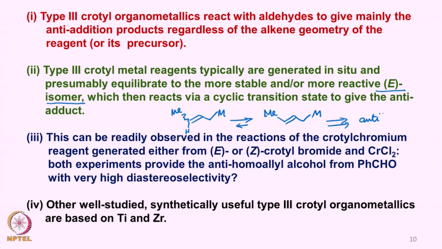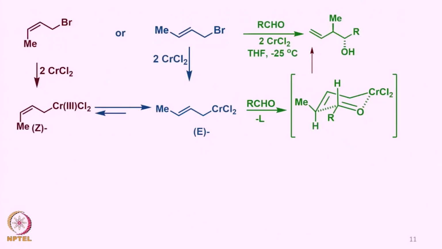And this is possible in cases where titanium, zinc and zirconium based organometallics are used. So you have something like this here, and if we have a mixture of the reagents, and if we have titanium here with whatever R3, or zirconium, then they equilibrate to the E isomer, and that leads to the anti product. So this is how it happens. We can see here, for example, or even chromium based reagents.